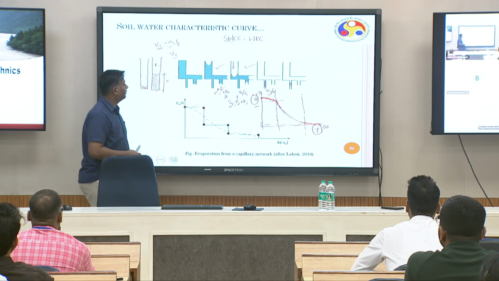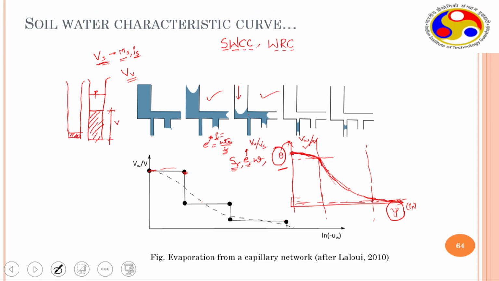Sorry. If I do that with several capillaries attached together, something like this, a bigger capillary with a bigger radius and a capillary with the smallest one, and in between you have a number of these, right? Now this capillary network is completely filled with water in the beginning, and I'm trying to draw water.